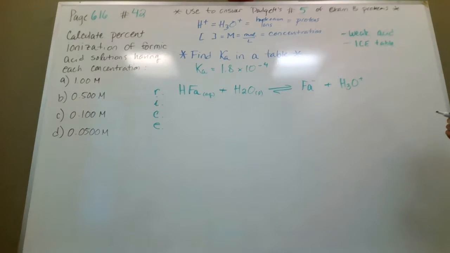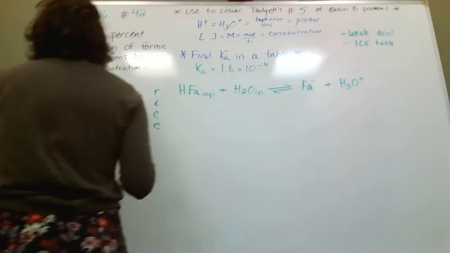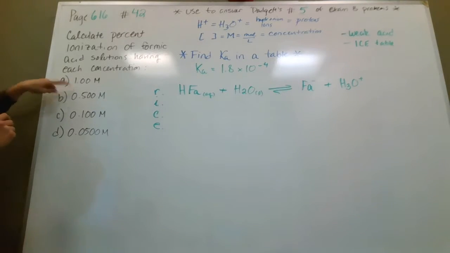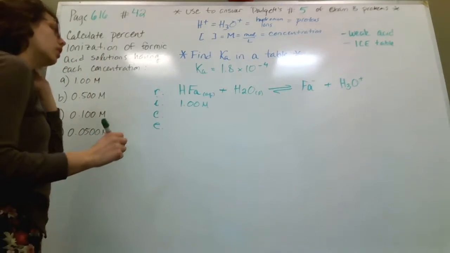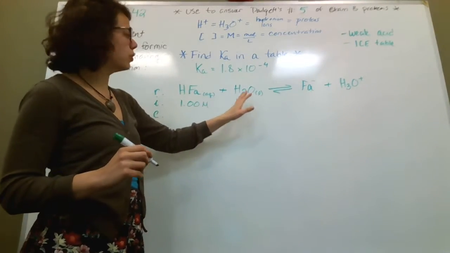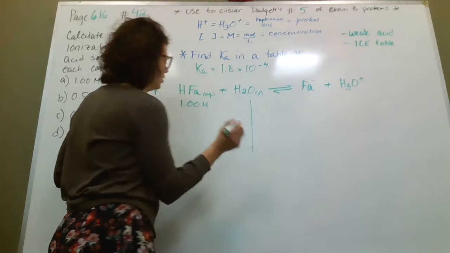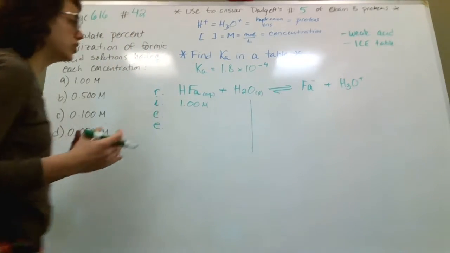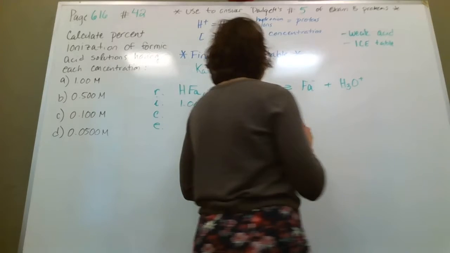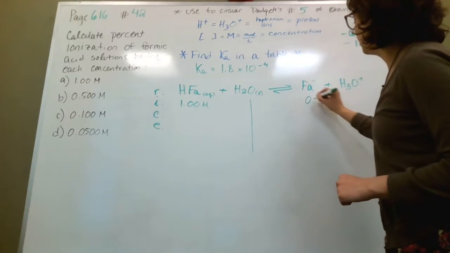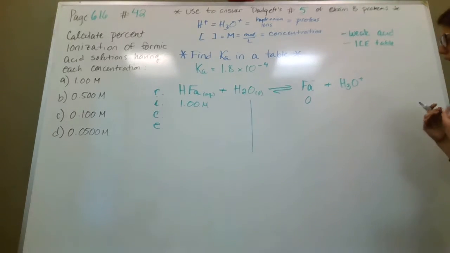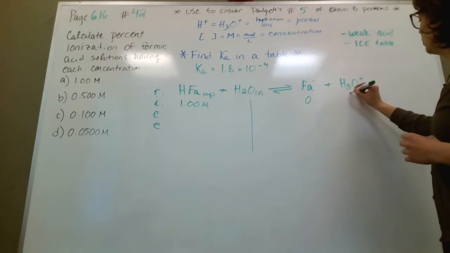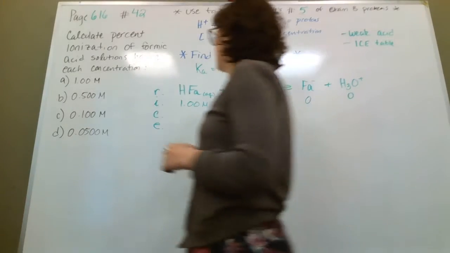All right, so now what do we have initially? For FA, we have 1.00 molar. Water's in the liquid phase, so we ignore it completely. It's not in our ICE table or mass action expression. We have no formate anions, and we have no hydronium ions.